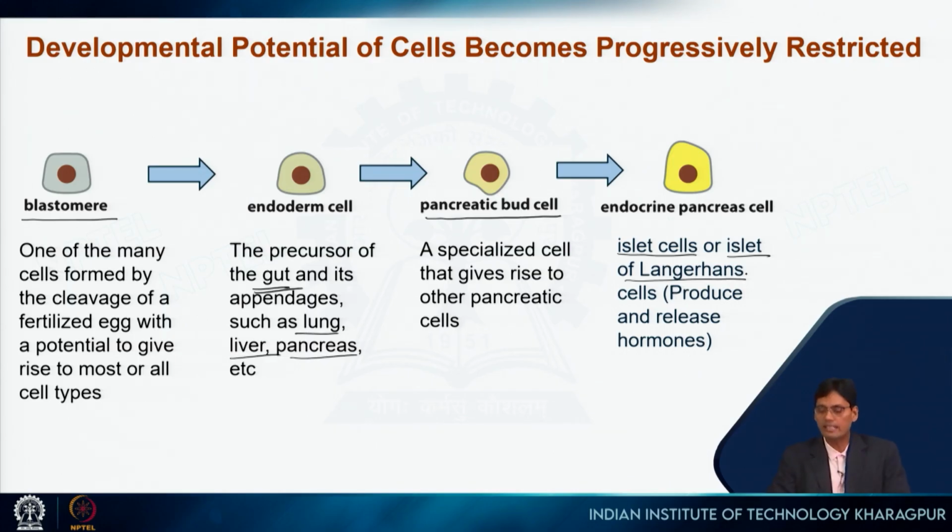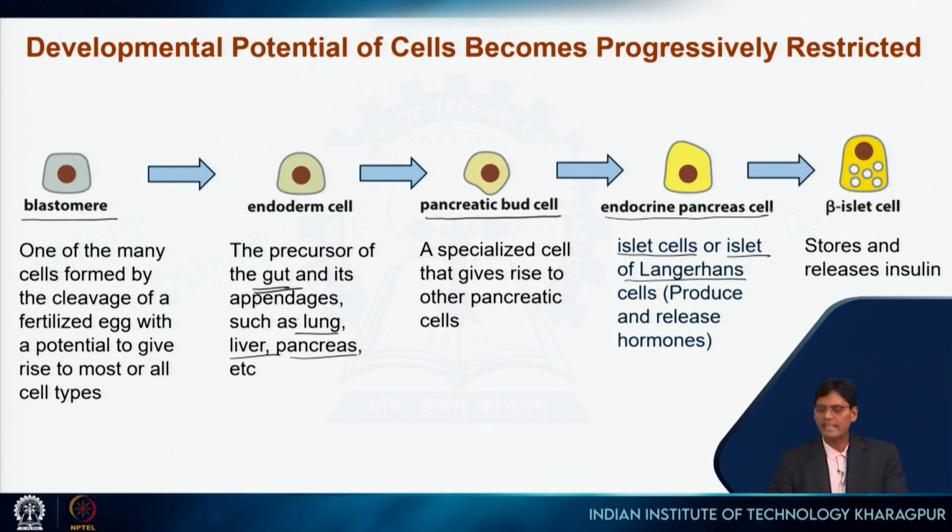So as a result, when this blastomere through these processes reaches this stage of endocrine pancreas cells, that means their fate is to produce hormones inside the pancreas. And now they can again be specialized and form the beta cells in the islets of Langerhans.